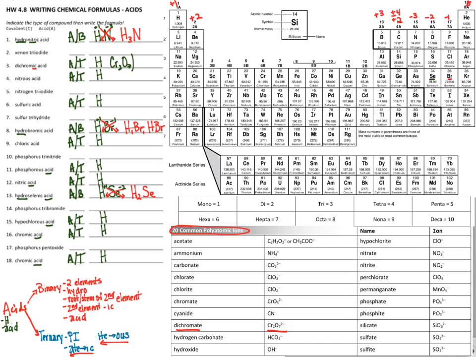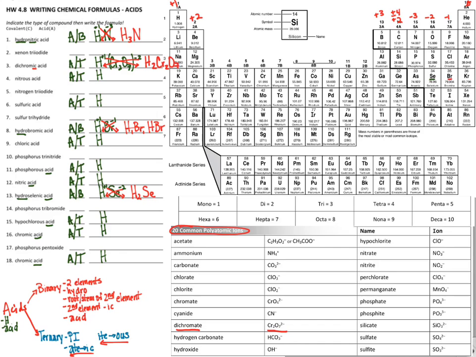And I always like to write parentheses when I'm working with polyatomic ions. Now, according to this polyatomic ion, it has a charge of -2. And again, hydrogen has a charge of +1. So again, I'm going to include parentheses with my polyatomic ion, just to be on the safe side, because this 2 is going to come all the way over here, and this 1 is going to go outside my parentheses behind it. So my formula should be H2Cr2O7.